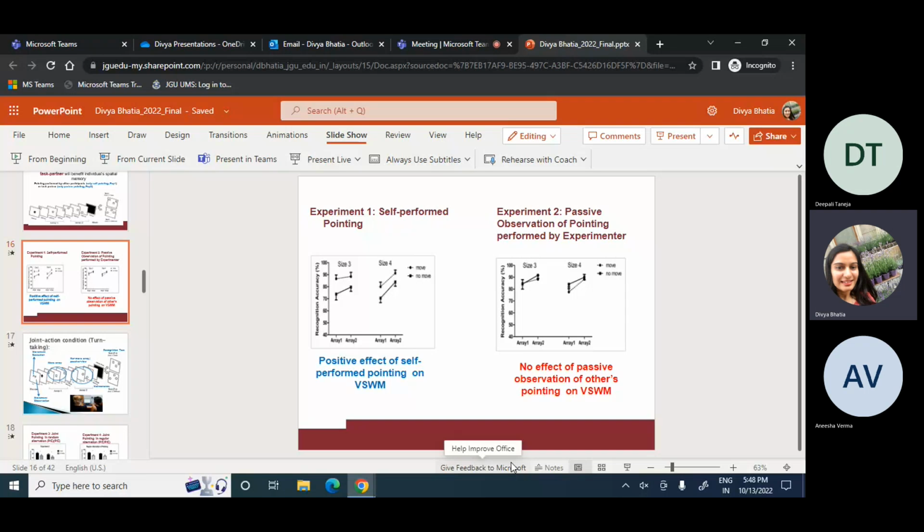Yes. So even when the final image is incongruent, the pointing is still advantageous. No, the effect that I'm showing you here is for the same trials. That means when it was congruent, when the objects are in the same location in the final testing. Yes.